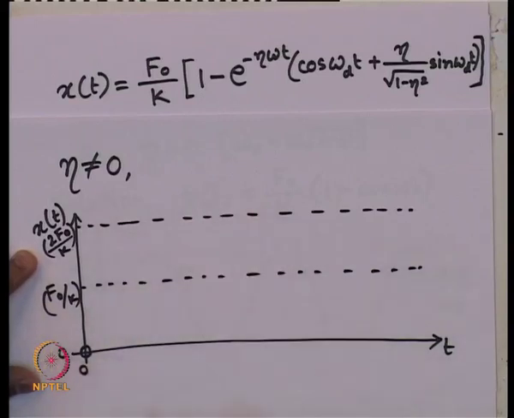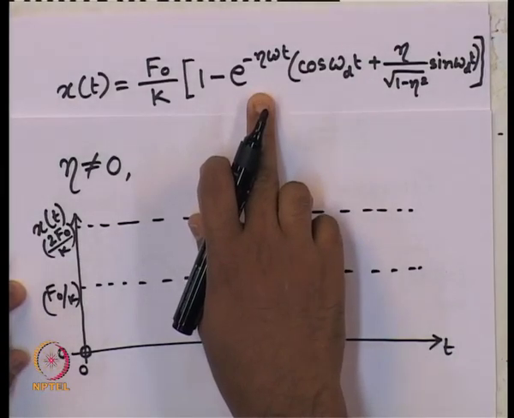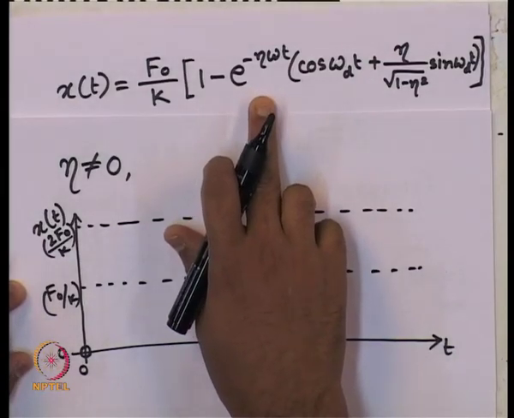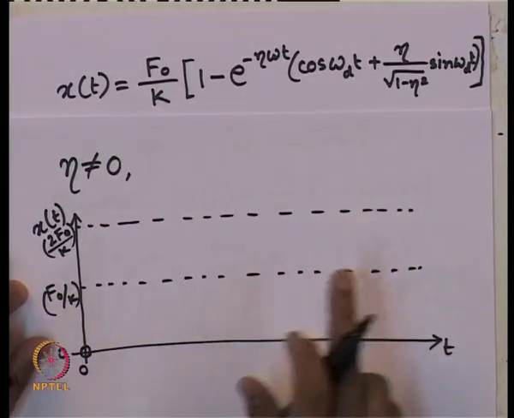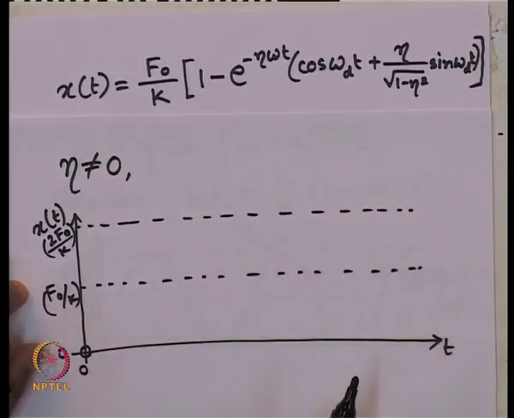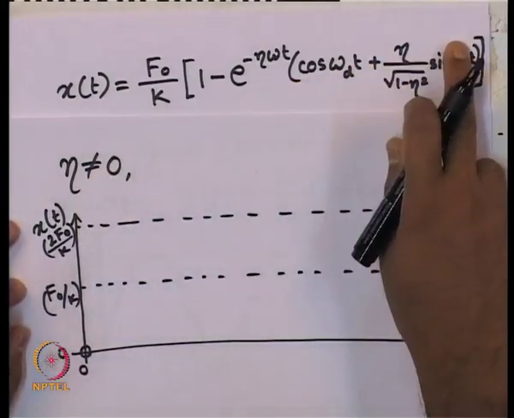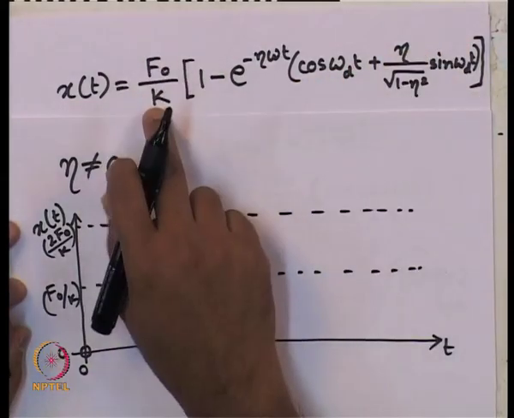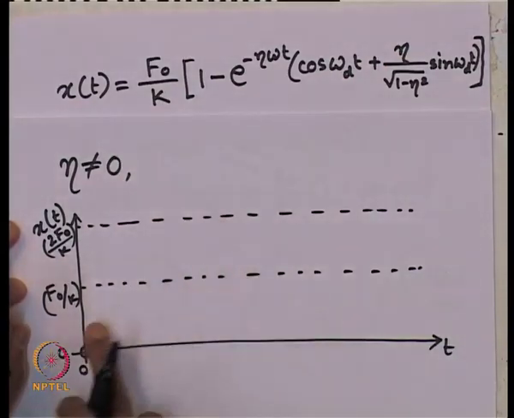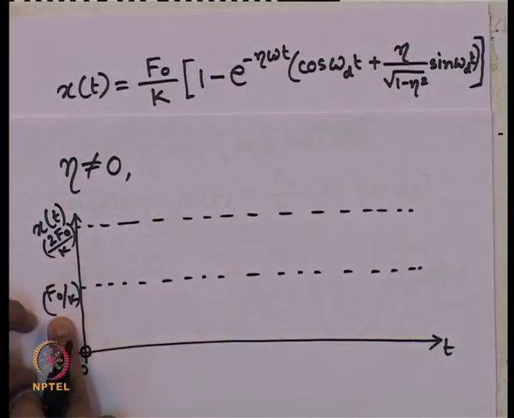How should the response look? It will be a harmonic, oscillatory function, but with a decay function. After it decays, when time tends to infinity, the value of x of t approaches f naught by k, because this goes to 0, but this component remains.